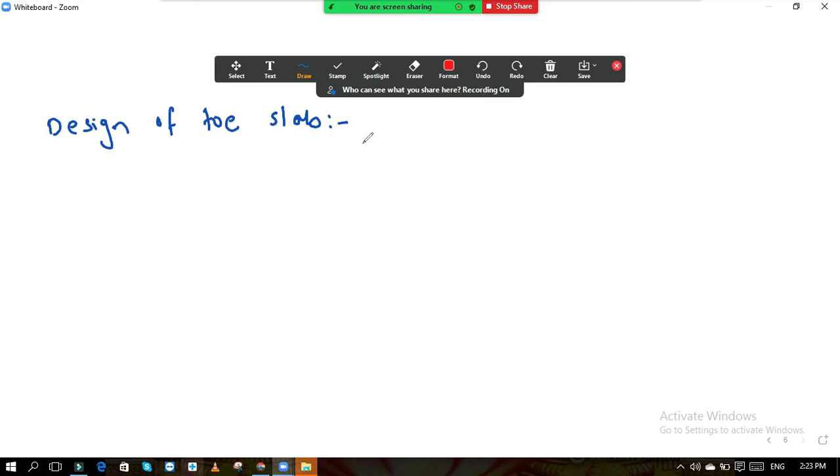So assuming 1 meter wide strip, our regular assumption, for the toe slab.